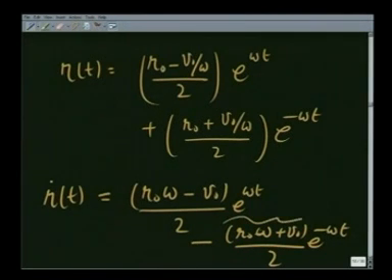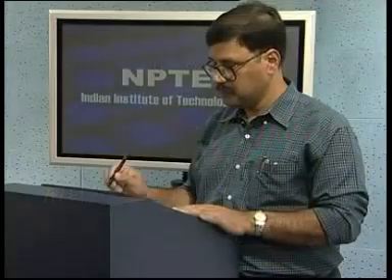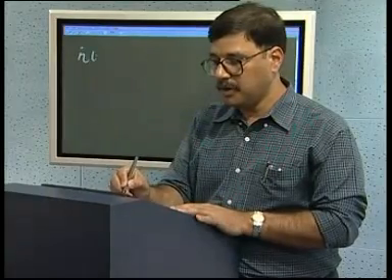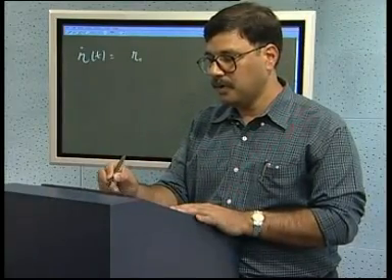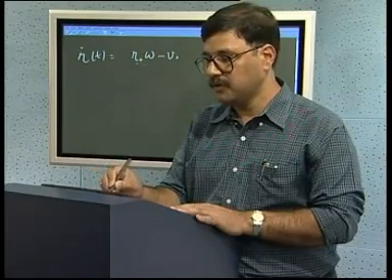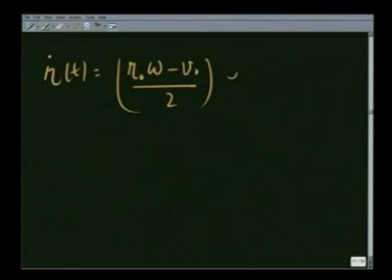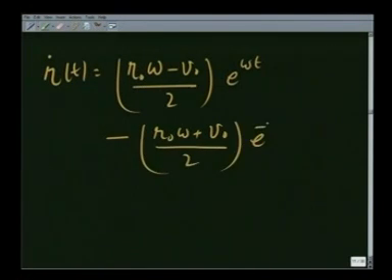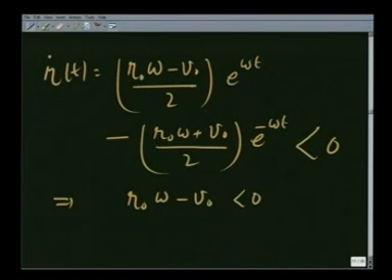This term is already negative, and if I want the velocity to remain negative, that means I want r dot of t, which is equal to (r 0 omega minus v 0) over 2 e raised to omega t minus (r 0 omega plus v 0) divided by 2 e raised to minus omega t, less than 0. This implies r naught omega minus v 0 should always remain less than 0, or v 0 should remain greater than r 0 omega.